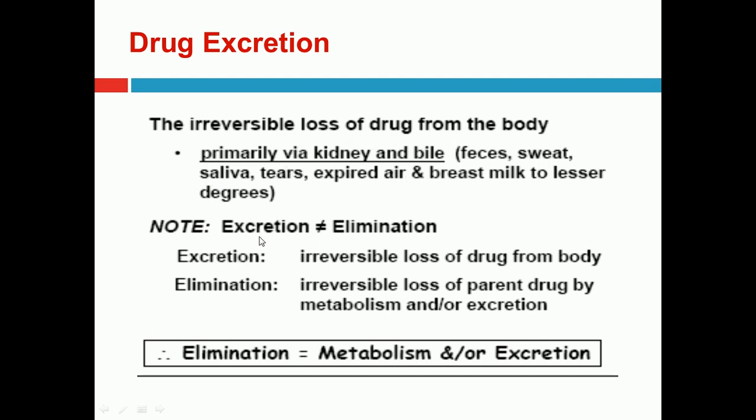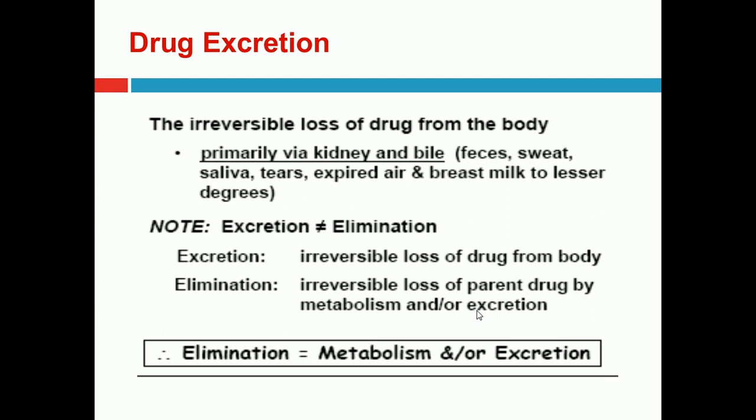Excretion is not equal to elimination. Just remember this. What is excretion? It is an irreversible loss of drug from the body. And what is elimination? It is an irreversible loss of parent drug by metabolism and or excretion. So in elimination, both metabolism and excretion are occurring, while in excretion only the removal from the body is occurring.